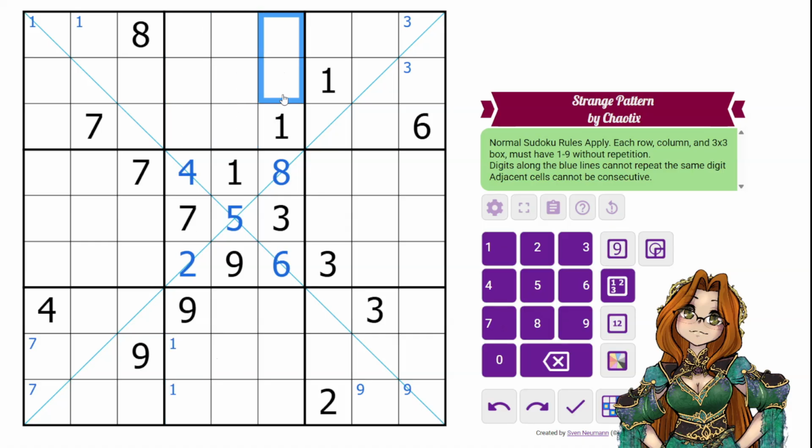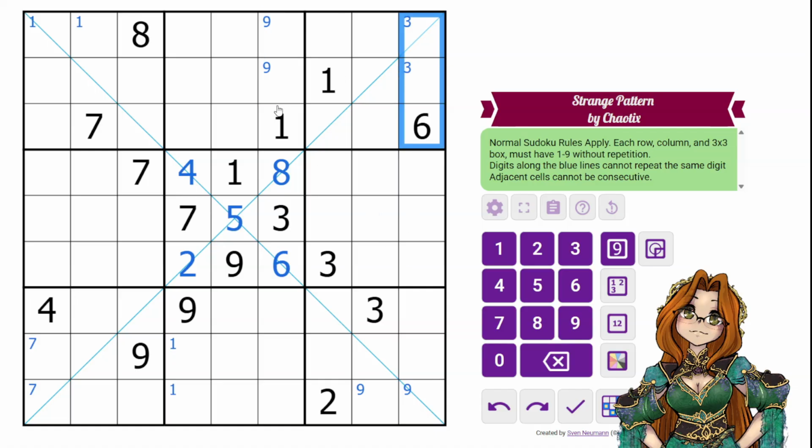This is also a very symmetrical puzzle. So as you can see, we have the different pairs kind of pointing places. 7 here, 3 over here.